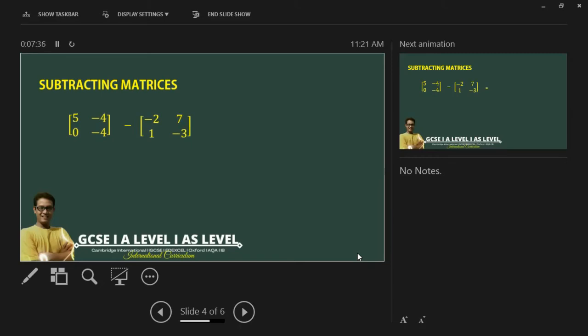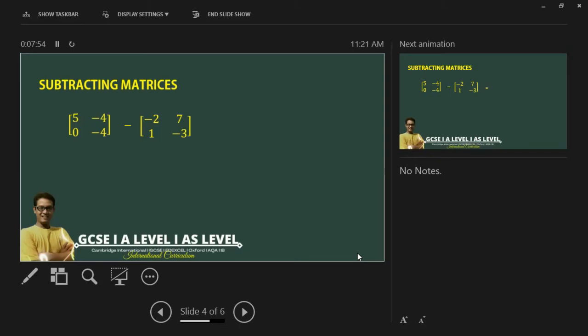Students, you have to check that both matrices have the same dimension. The left matrix is 2 times 2, and the right matrix is 2 times 2 as well. So we can operate.